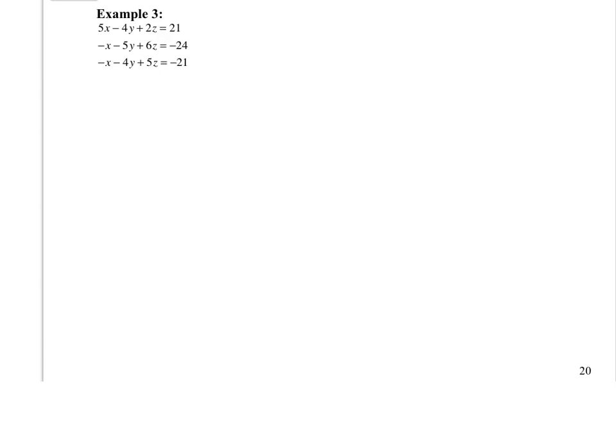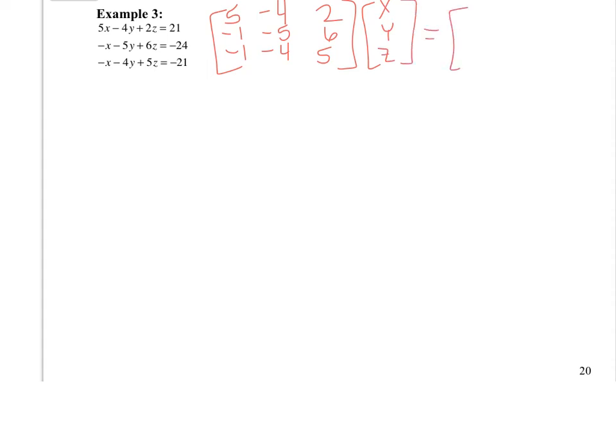So example 3, we start by writing it as a matrix equation. 5, negative 4, 2, negative 1, negative 5, 6, negative 1, negative 4, 5, times x, y, z equals 21, negative 24, negative 21.